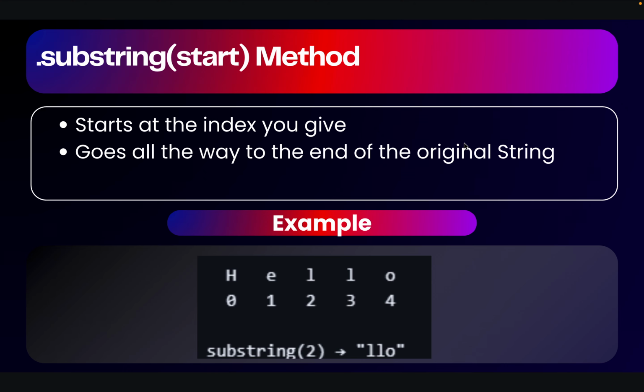So if you take a look at this example, we're saying substring 2, and pretty much what will happen in your code is it's going to find the index at 2, which in our case is going to be L. So it's then going to start at that second position and take every character after it and return it to you as a new string. So the output in this case will be LLO.